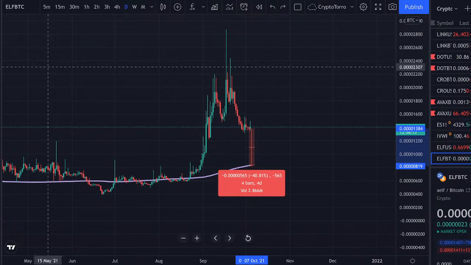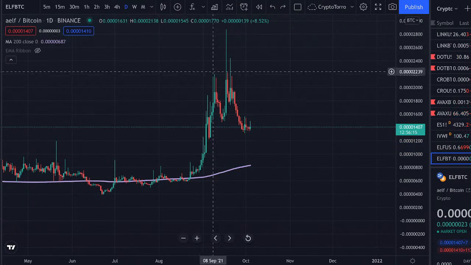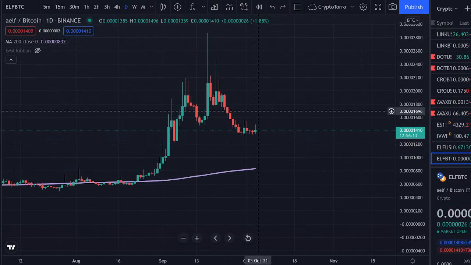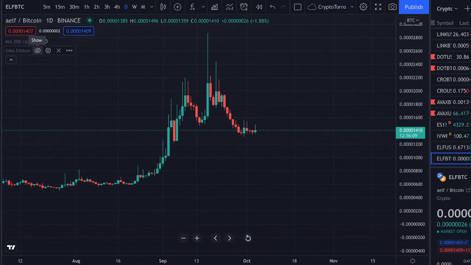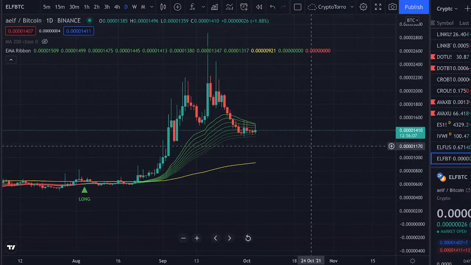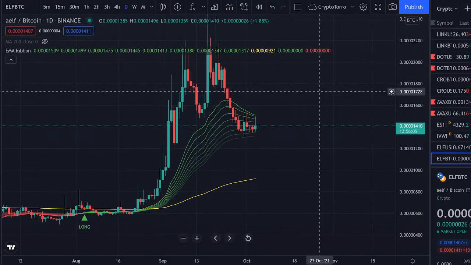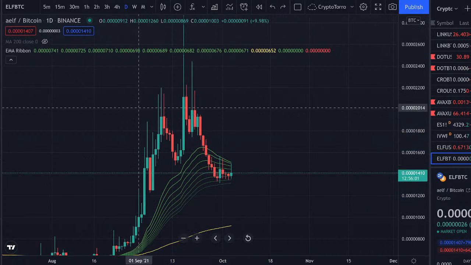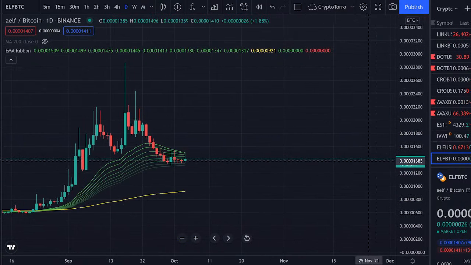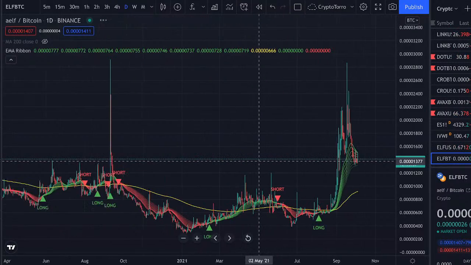So ELF, I'm right now looking at this trend, and I must admit that I'm not right away very bullish on this. We are finding support on top of the EMA ribbon. That is for sure something I must admit looks very good. But let's take a look as well at the strength compared to Bitcoin.